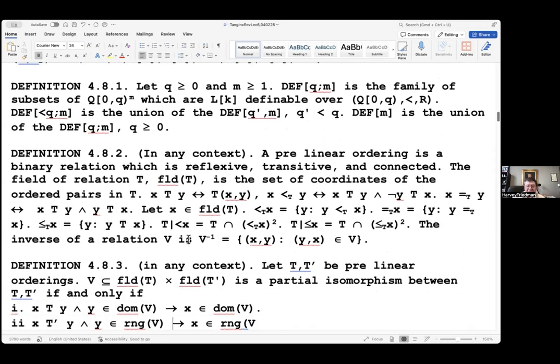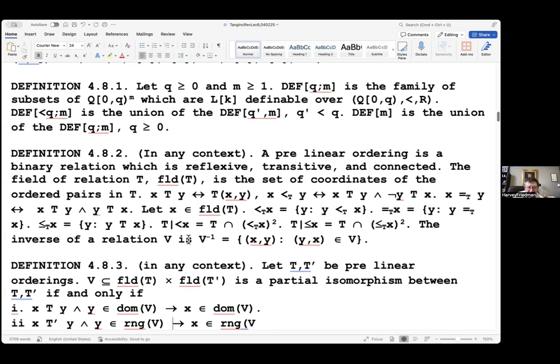So in any context whatsoever having nothing to do with this reversal, there's a notion of prelinear ordering. It's a binary relation, which is reflexive, transitive, and connected. My notion of linear ordering is always irreflexive. All right, so prelinear orderings are reflexive, transitive, and connected, and the field of a relation is the set of coordinates of the ordered pairs in the relation.